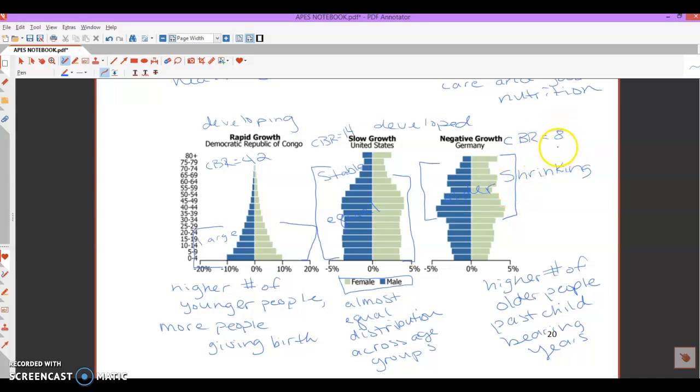So that's why their population is shrinking. Now the global crude birth rate is 20. This is an average of every country in the world that we have data on. So you can see that developing countries like Congo are much higher, and developed or industrialized countries like the United States and Germany are below that global average.